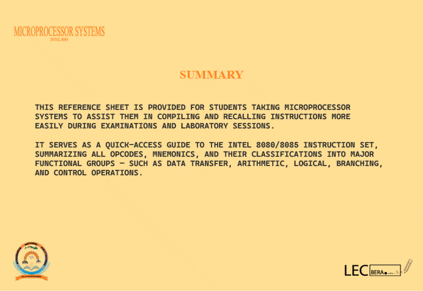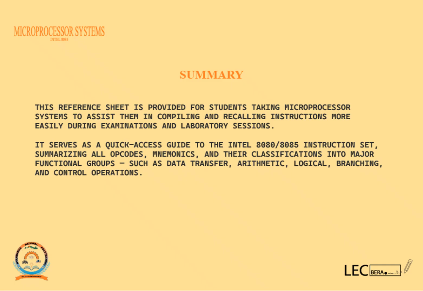So remember, this reference sheet is provided for students taking microprocessor systems to assist them in compiling and recalling instructions more easily during examinations and laboratory sessions. So don't make it difficult for yourself to remember all the instructions. Those instructions are provided at the back of the question paper.